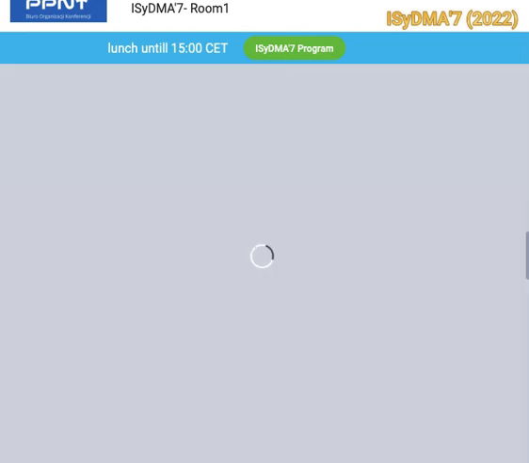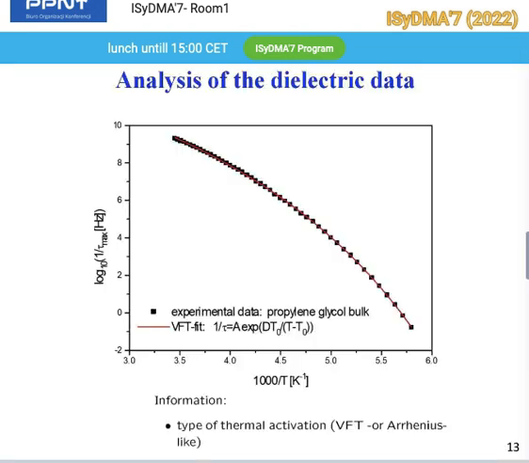Here is a typical example of glassy dynamics, this is propylene glycol, as measured in a spectral range from nearly 10 to the 10 Hertz down to 10 to the -2 Hertz. And this is the typical Vogel-Fulcher-Tammann dependence, but this is a completely empirical description and nothing else.